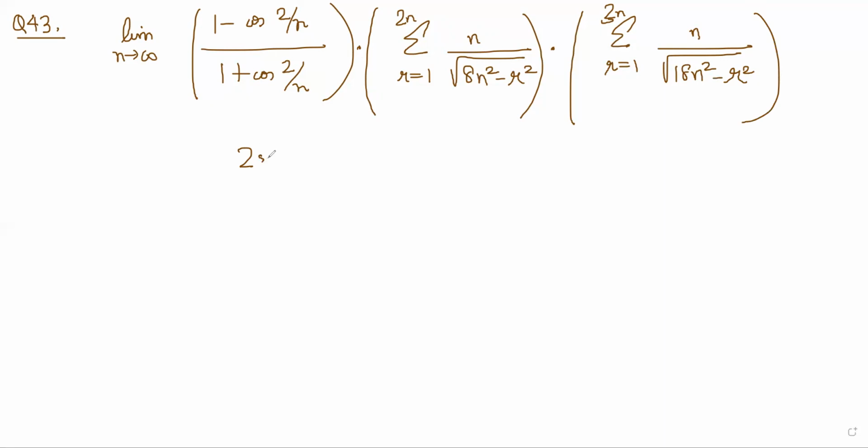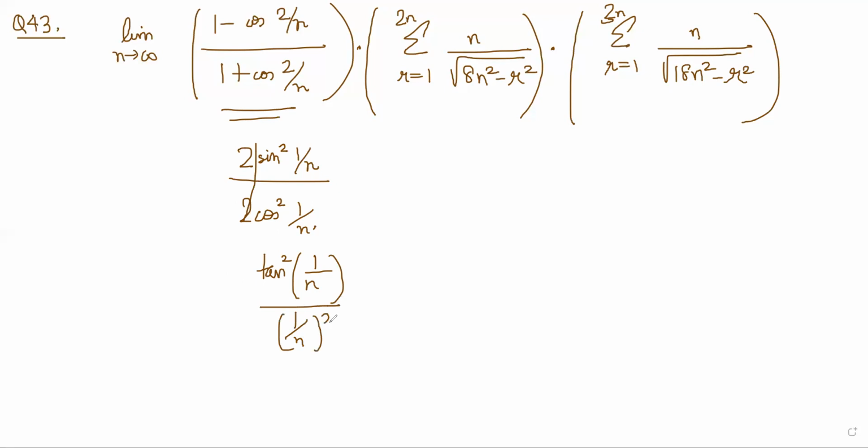So 2 sine square theta by 2 divided by 2 cos square theta by 2, I'm just using trigonometric identities here, so I'm getting this is equal to tan square 1 by n, right? So for solving this limit, I don't just need tan to go to 0. I need a 1 by n whole square here, right? And therefore I multiply with 1 by n whole square. And I have these two summations, right?